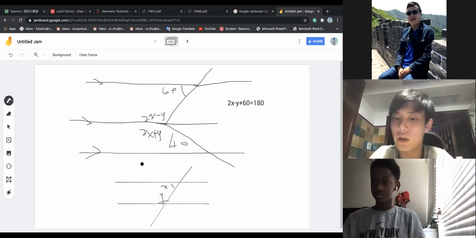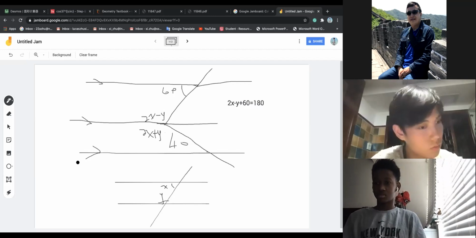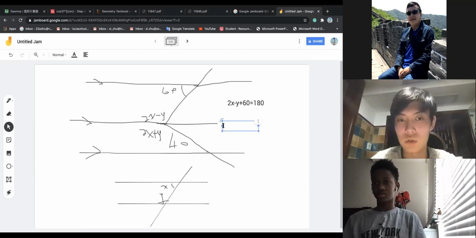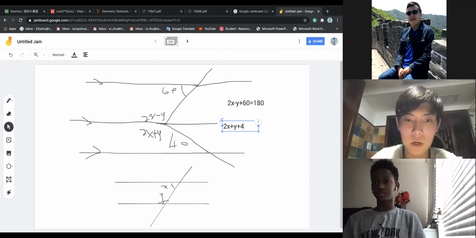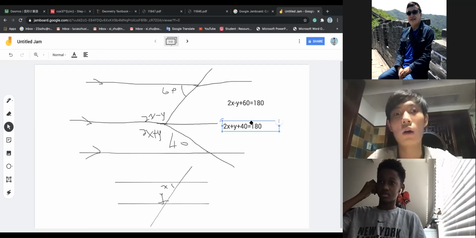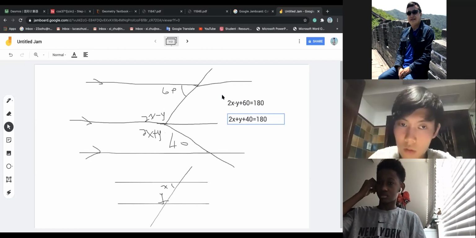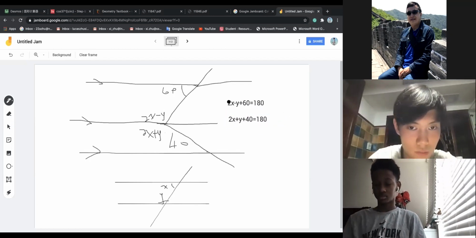Consecutive interior angle theorem. Yep. So you know they also add up to 180, right? 2x plus y plus 40 adds up to 180, right? See, now we have two equations over here.